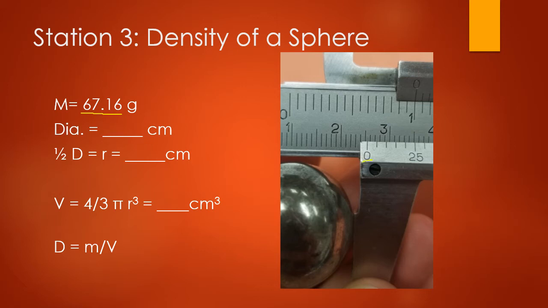Once again, remembering to take the measurement from this 0 dash mark. Once you have your diameter, you then divide your diameter by 2 to get your radius. So the radius is a calculation based off your diameter measurement.